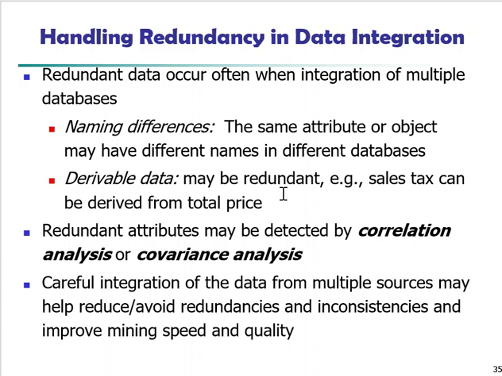So those redundant data attributes do not offer any new information to a mining problem. Therefore, they should be removed, because having them increases the dimensionality and creates unnecessary computation. So we want to detect them and remove them.